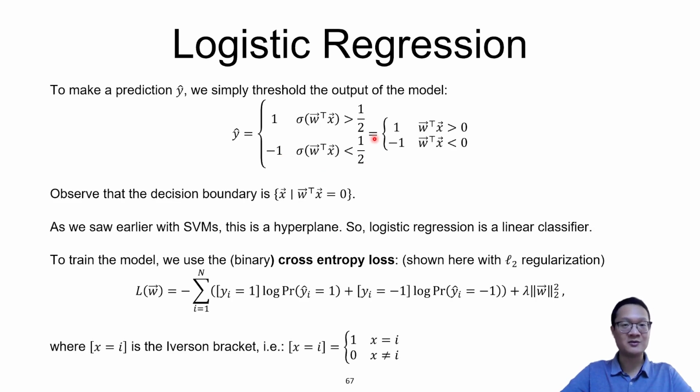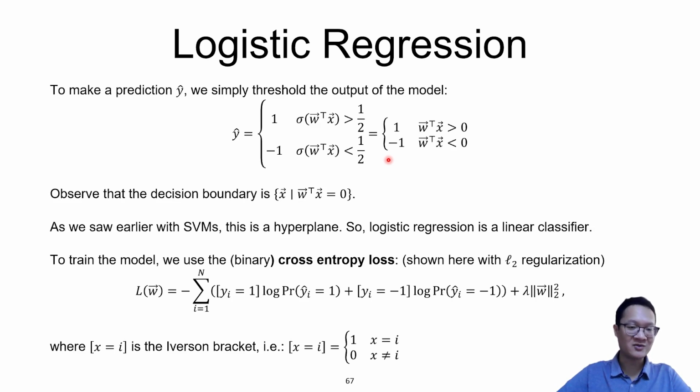This is actually equivalent to predicting 1 whenever W transpose X is greater than 0 and -1 when W transpose X is less than 0. So the decision boundary is the set of X such that W transpose X equals 0. All of this is exactly the same as the SVM. The decision boundary is the same, it's the hyperplane. And so logistic regression is also a linear classifier.